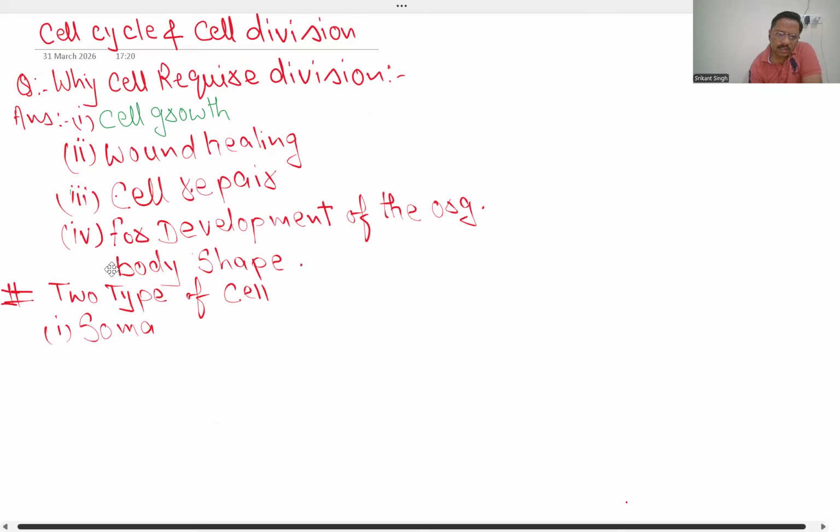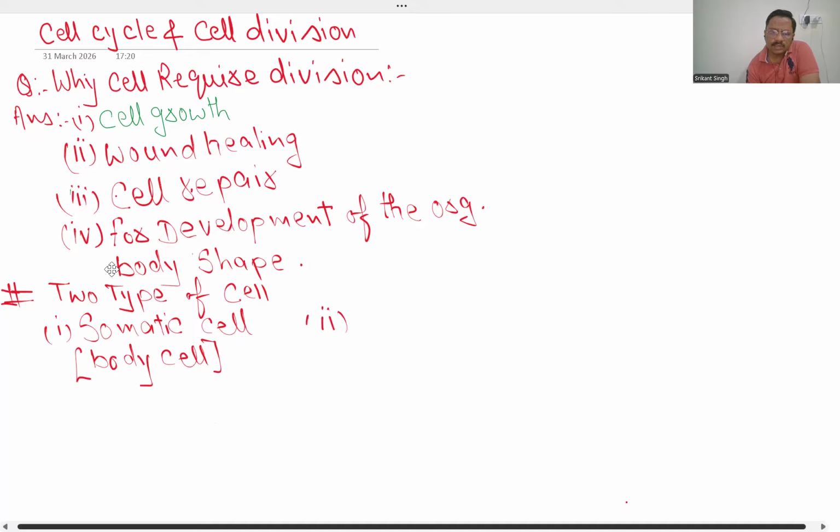A somatic cell is a cell which doesn't carry genetic material from one generation to another generation. It is also called a body cell. Our whole organism body is made of somatic cells. Is it clear, students?